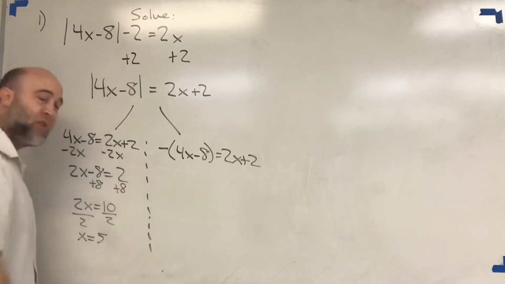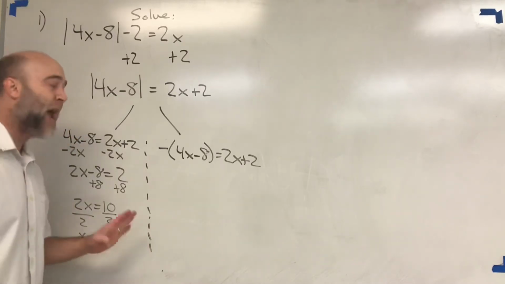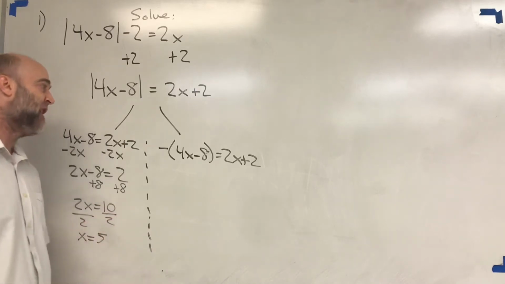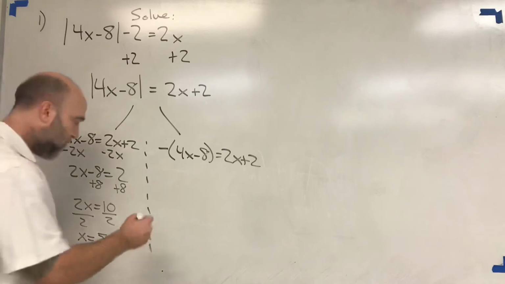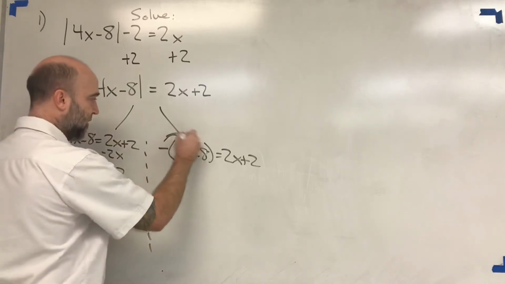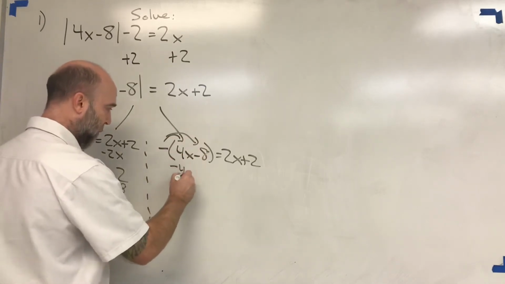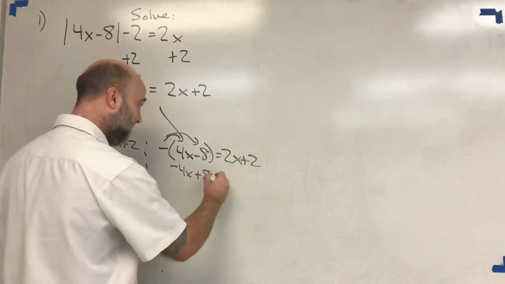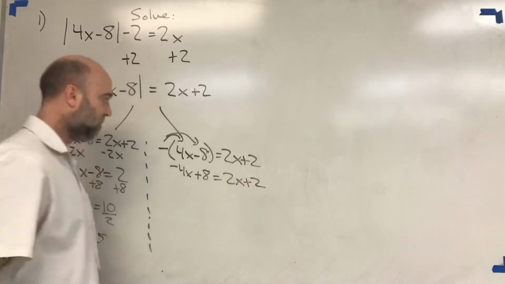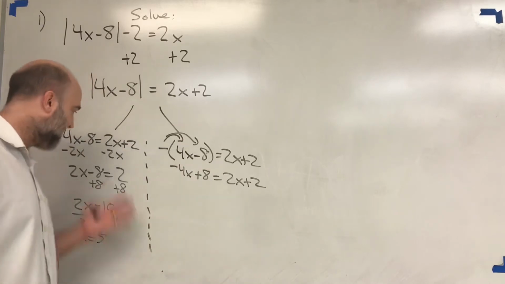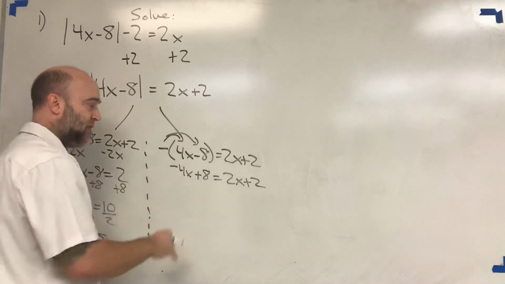It's really important with absolute value that you remember you have to check your answers on these. Sometimes the answers don't work, so you have to check them. On this one, I'll go ahead and just distribute the negative sign. Negative 4x plus 8 equals, and this side doesn't change. Most of the steps are going to be the same from now on. I'll move all my x's to one side.